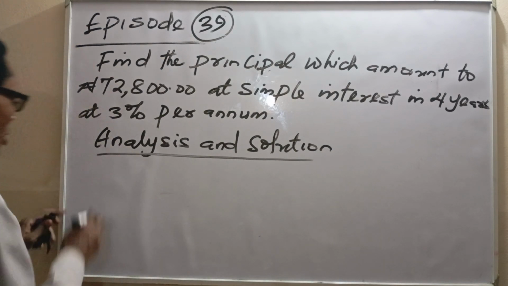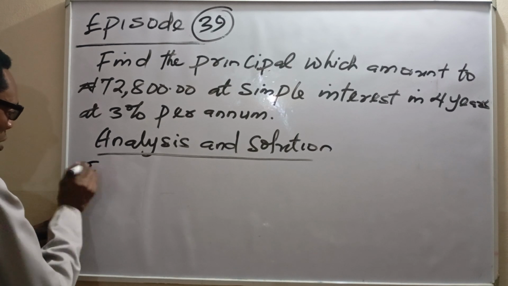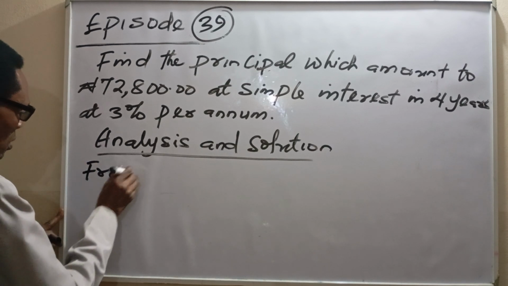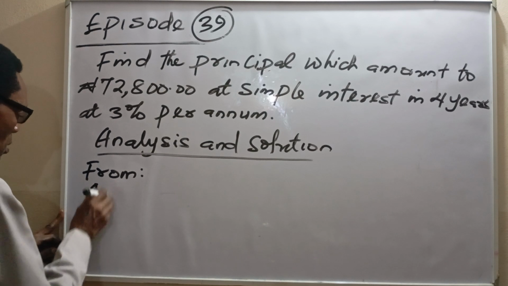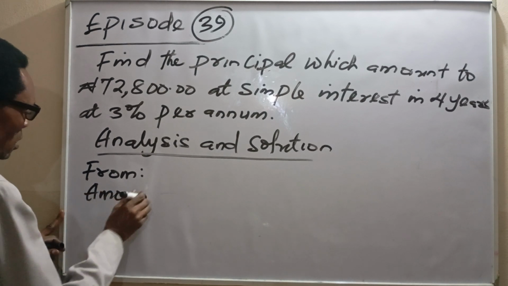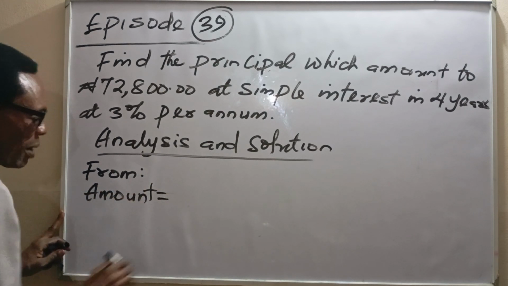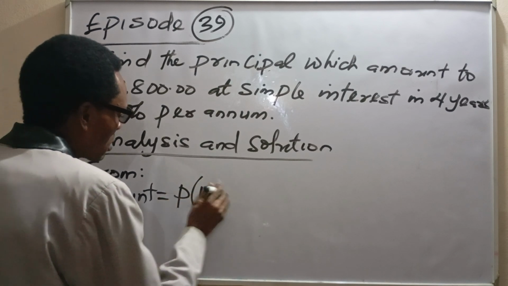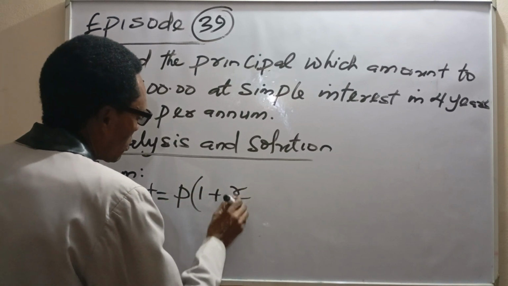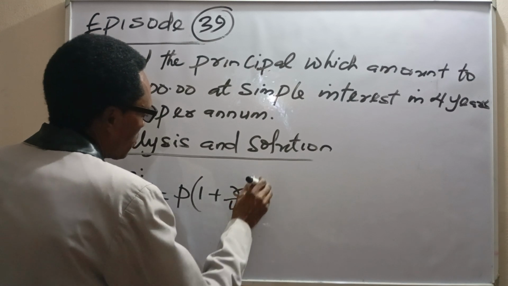So we now say from amount. This is the formula for amount, which is A equals principal, open bracket, 1 plus r over 100, raised to the power of n.